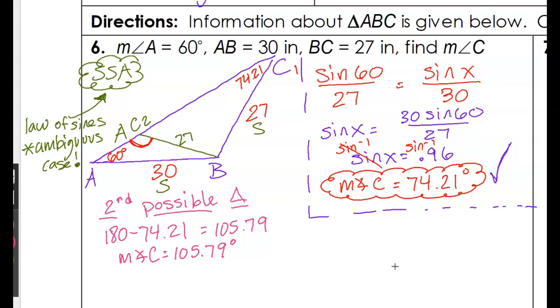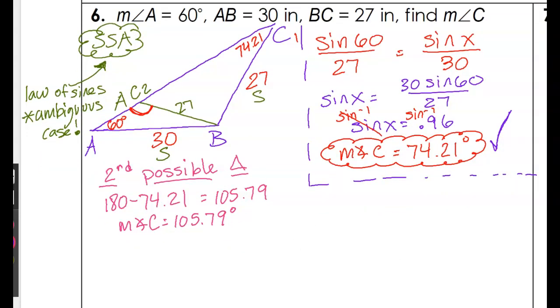So we know there's at least one triangle. We need to check for this second triangle. Now, how you do it is you take the angle measure that you just found and you add it to the other angle measure it gave you, 60.